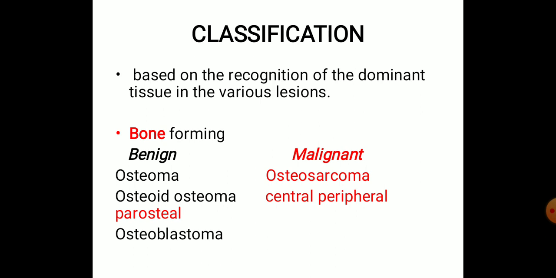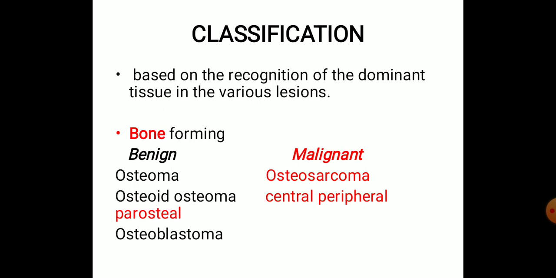All these structures come under the term musculoskeletal system. So we need to classify the tumors arising in each of these structures based on the lesion type and the tissues it consists of.